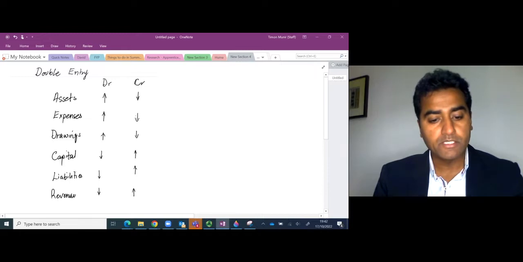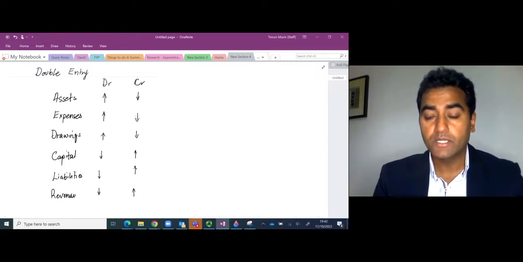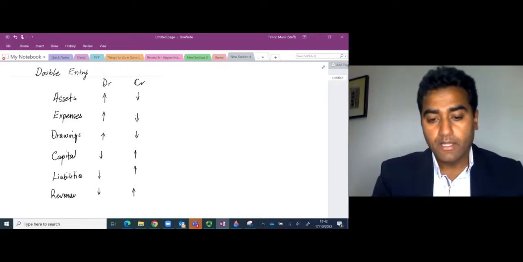So you need to remember these 6 pillars. I call them 6 natures as well. And their arrows.